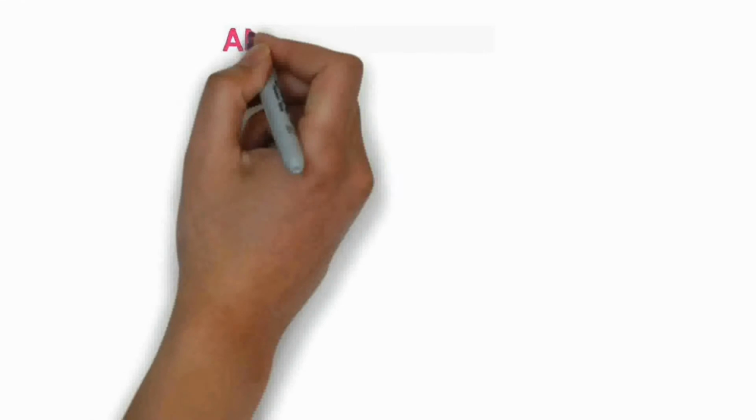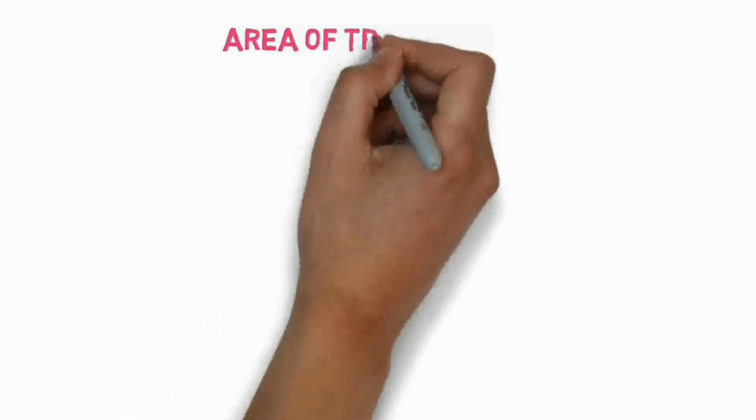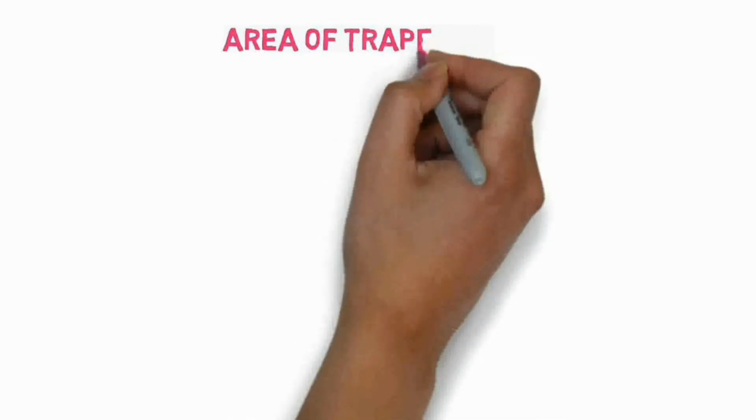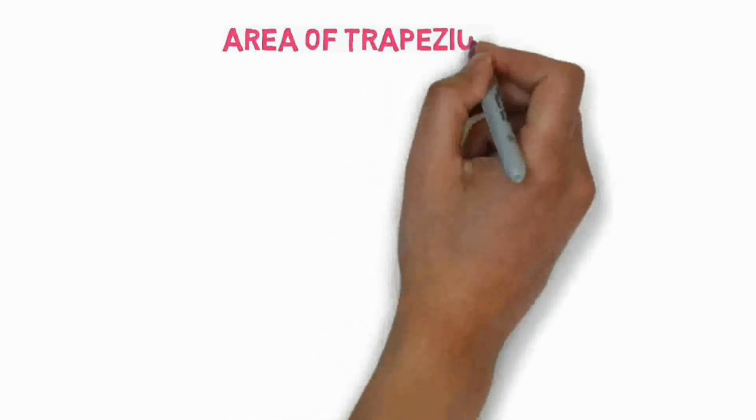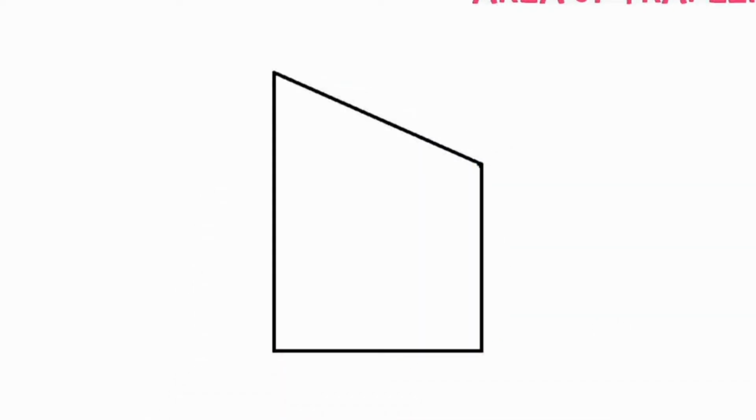Before going to the graphical method, we need to know about a concept called the area of a trapezium. Now, consider a trapezium as shown. To find the area of the trapezium, we need to divide it into parts such that we know the area of such parts.